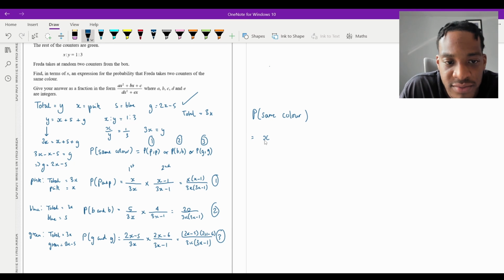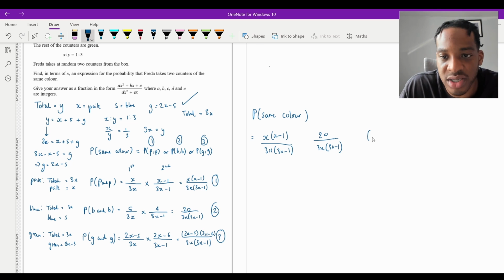It's going to be x times x minus 1 over 3x and then 3x take 1. And then we've got option 2, which is 20 over 3x and then 3x take 1. And then the last one is 2x take 5, 2x take 6, divided by 3x and then a 3x take 1.